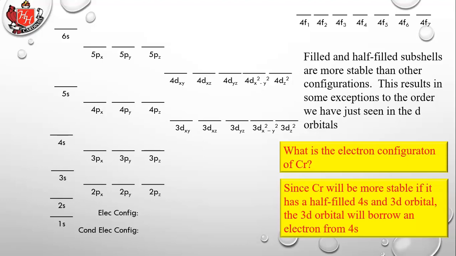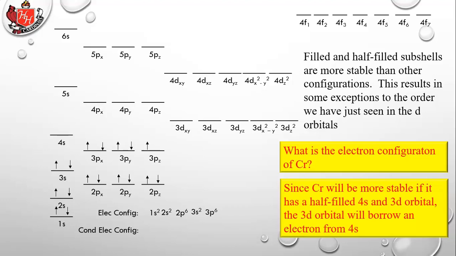So let's look at how chromium would be formed. Here we go. I'm going to do this kind of quickly because I think you understand the concept of building up by now. If you don't, go back and watch what we just did. Now we're at the end of the second row, and there it is right there. Now we're going to go on to the third row, and we're going to fill the p orbital in the third row. Now we're at a noble gas right there.